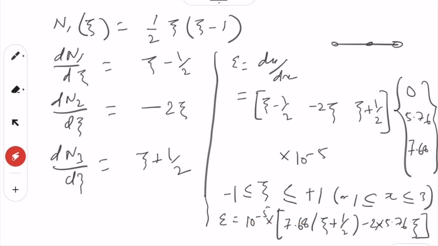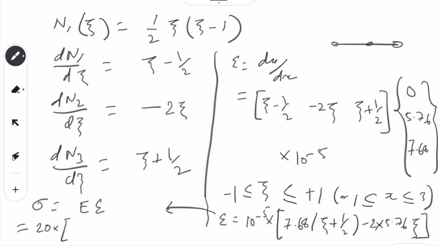So accordingly you can plot the strain, and once you know the strain, you can have the stress. So stress equals nothing but E times the strain, and E is 2 times 10 to the power 7, so you get 20. So you can write just 20 multiplied by 7.68 xi.